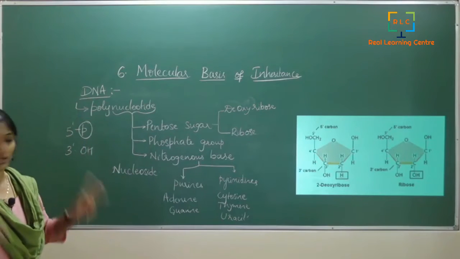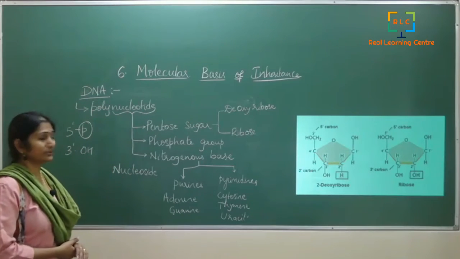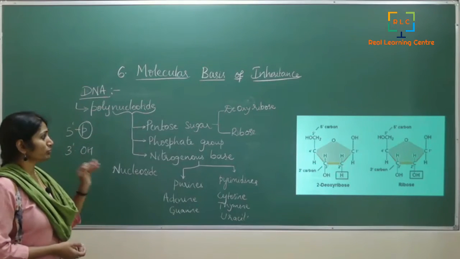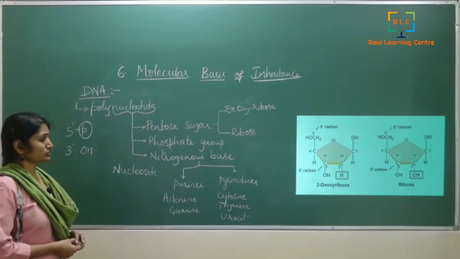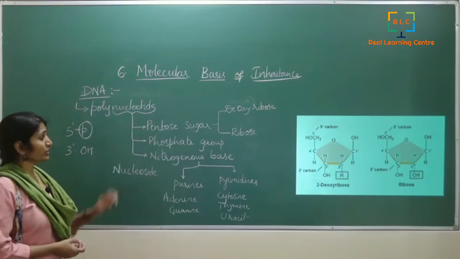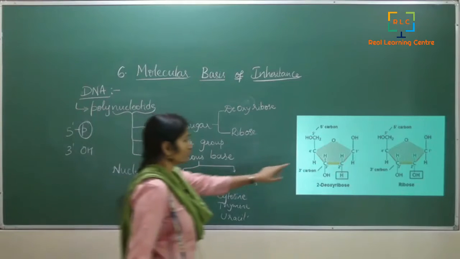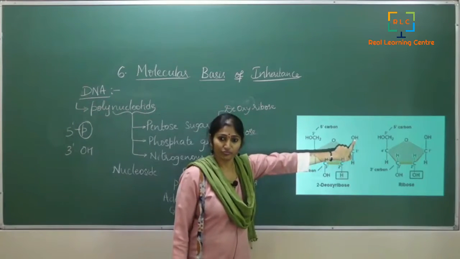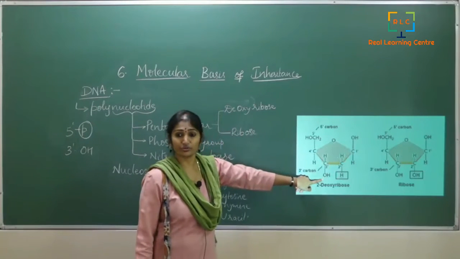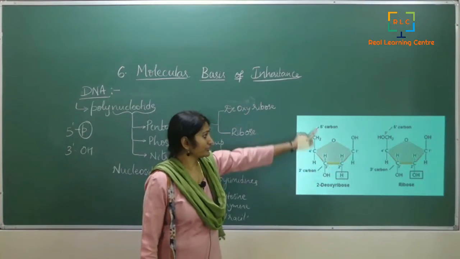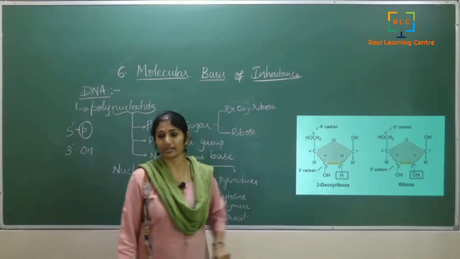So there are two types of sugars, the ribose sugar and the deoxyribose sugar. Both of them are very important to carry out various functions, because the sugar is such that it can bind to the nitrogenous base, and it can bind to the phosphate group in these two positions, right?